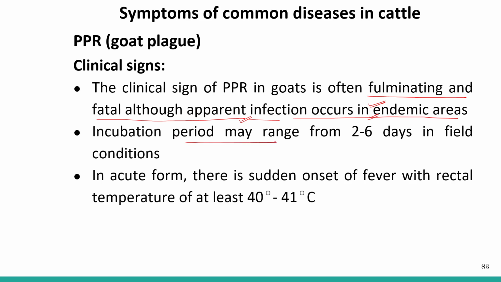The incubation period may range from 2 to 6 days in field conditions, and in the acute form there is a sudden onset of fever with a rectal temperature of at least 40 to 41 degrees centigrade.